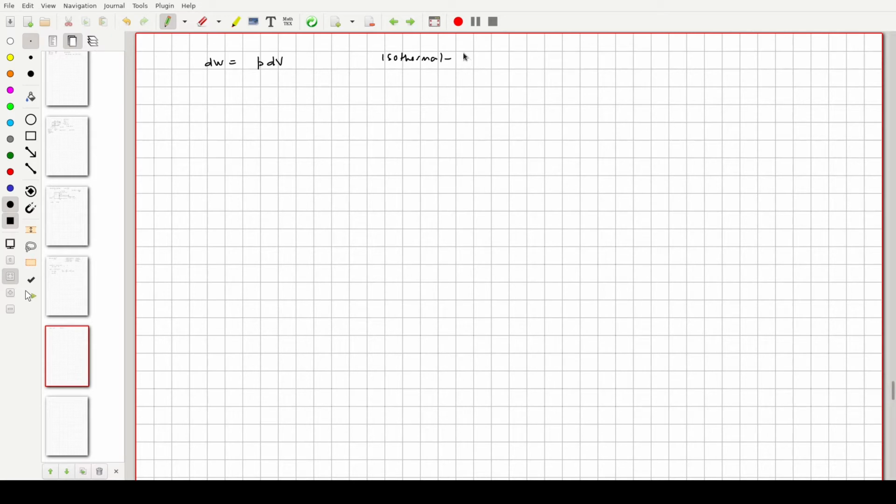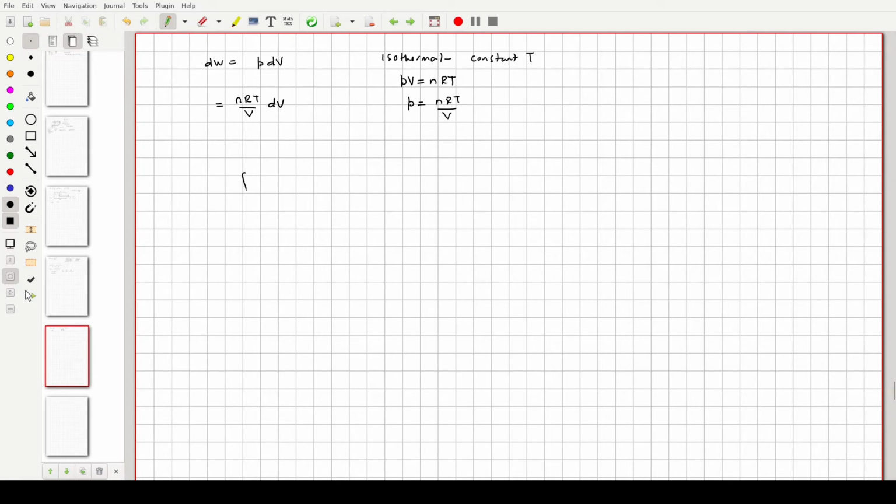And in an isothermal situation, you have a constant T. So here, PV is equal to nRT. And what I'm going to do is solve this for P and plug that into here. So if I put that in here, this is now nRT over V dV.